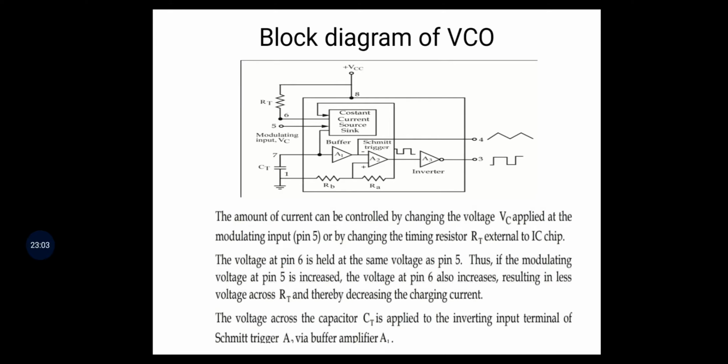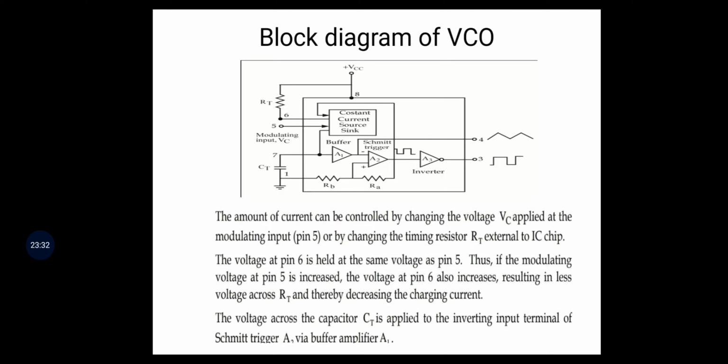Here the slide shows the block diagram of the voltage controlled oscillator. What is a voltage controlled oscillator? The output frequency depends on the input voltage, or the output frequency is controlled by the voltage. This is called a voltage controlled oscillator.